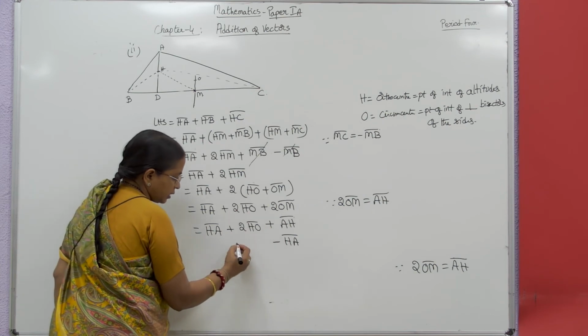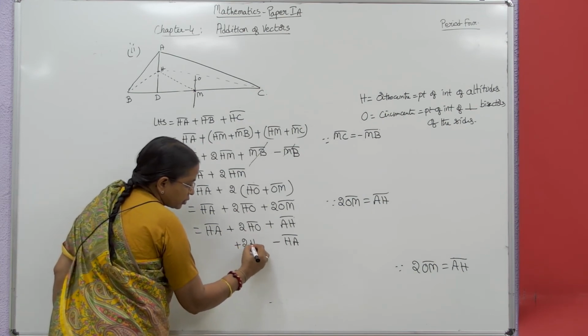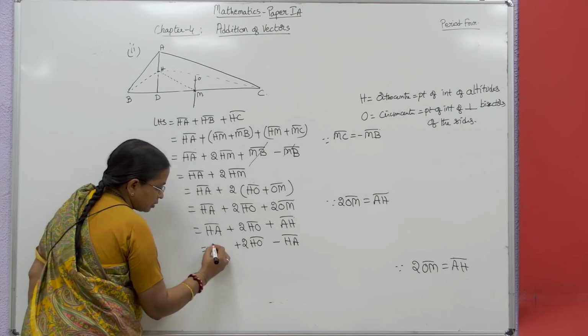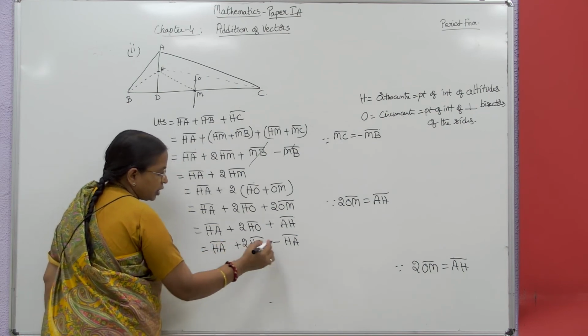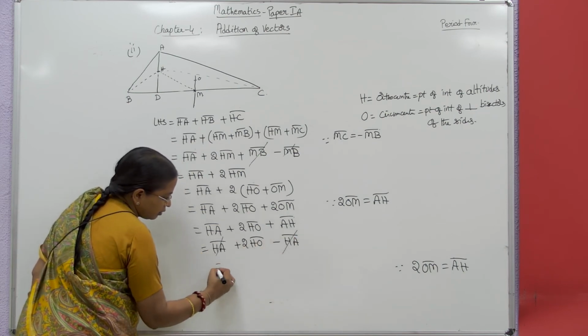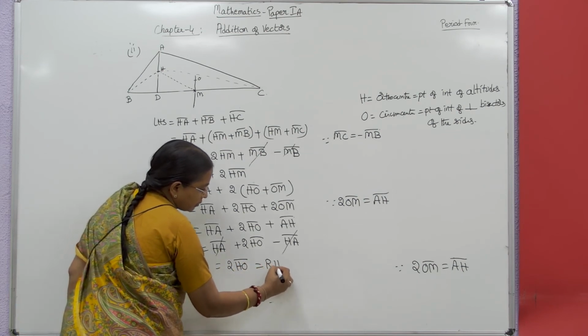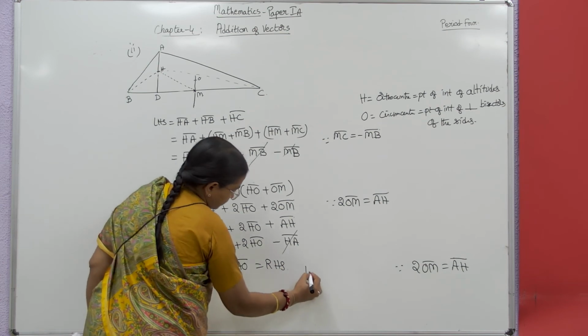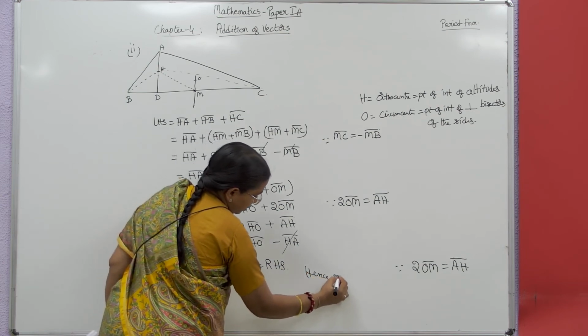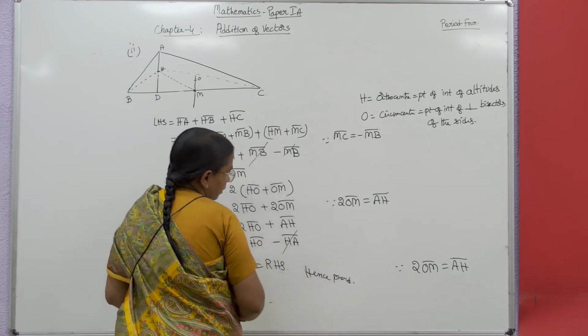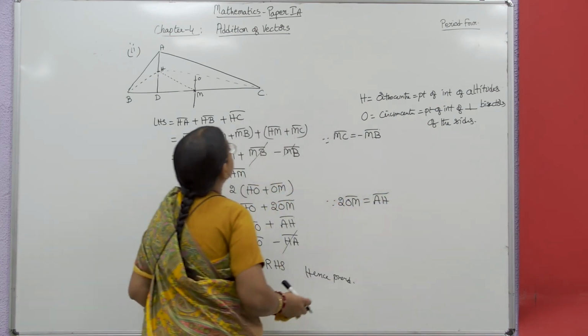So HA and minus HA will get cancelled, and it is equal to 2 times HO, which is the right hand side. Hence it is proved. So like this, we do this problem.